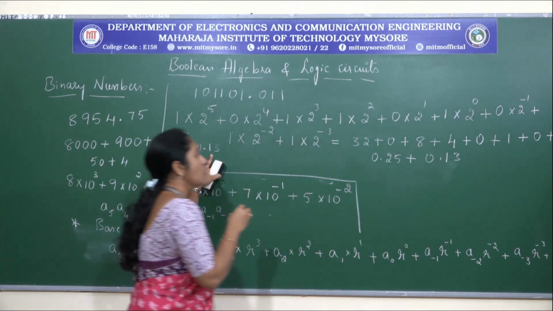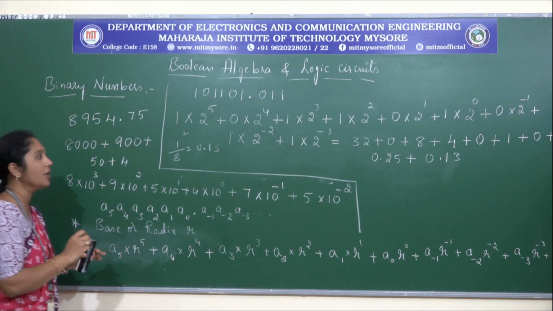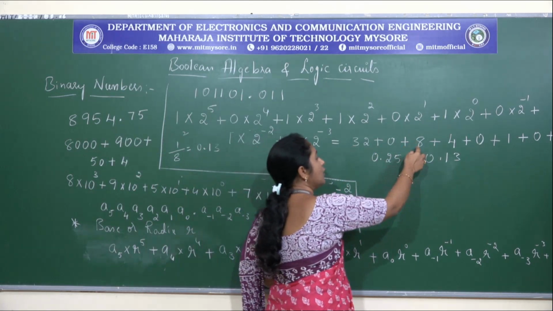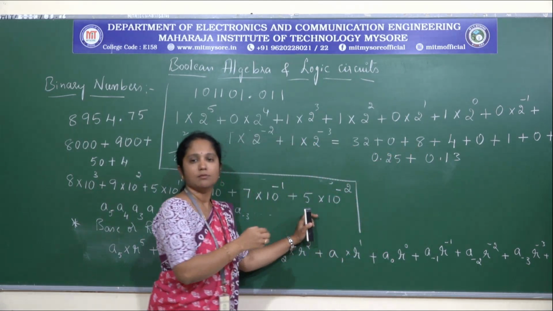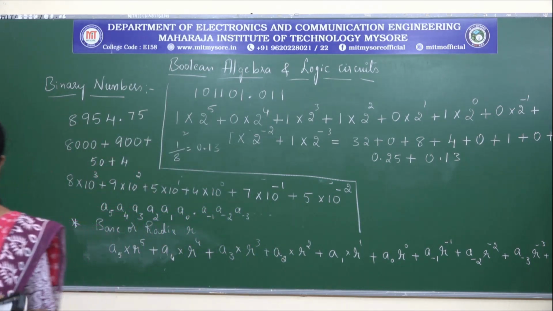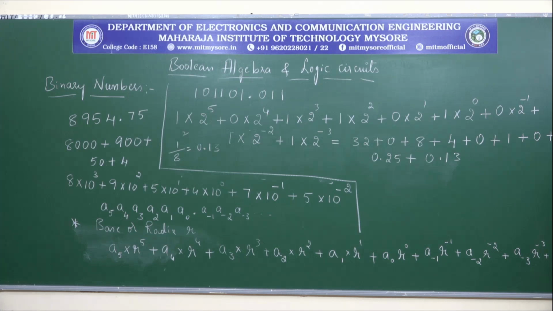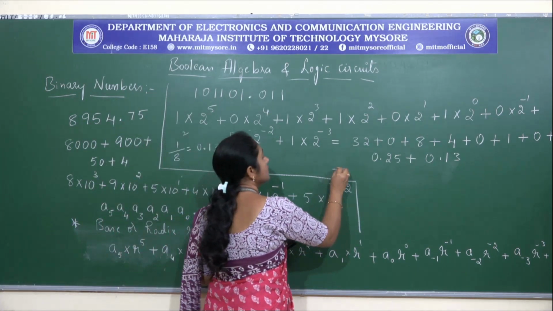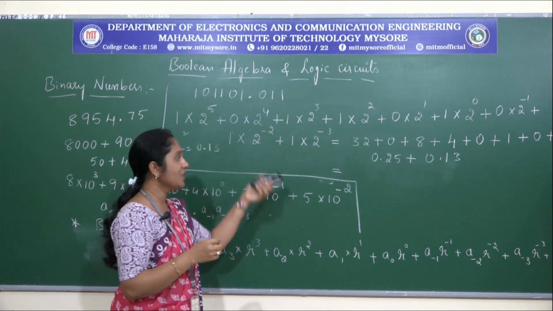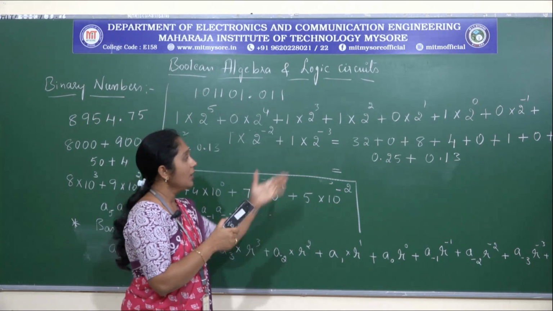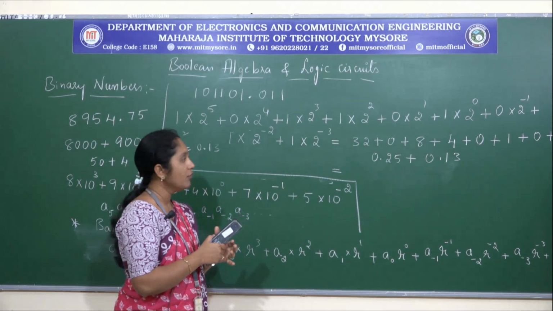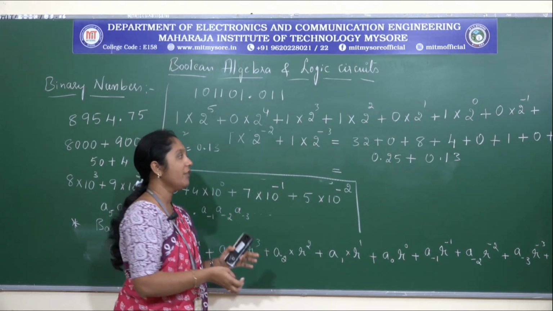If you want, you can consider one more digit. Now let us find out its equivalent. Yes, we have 32 plus 8. 32 plus 8 is 40, 40 plus 4, 44, 45.